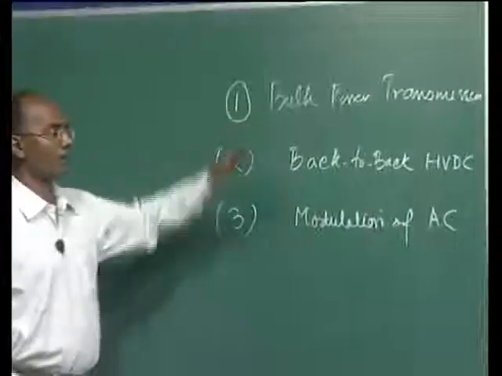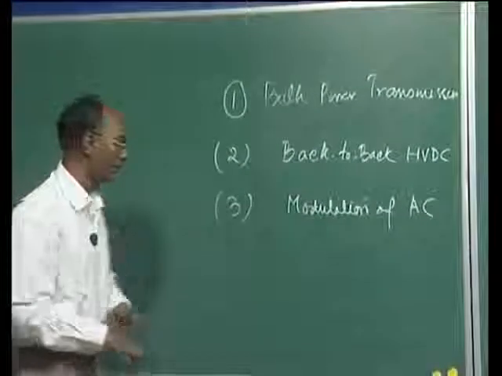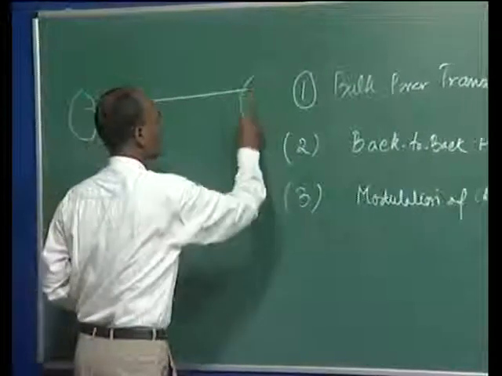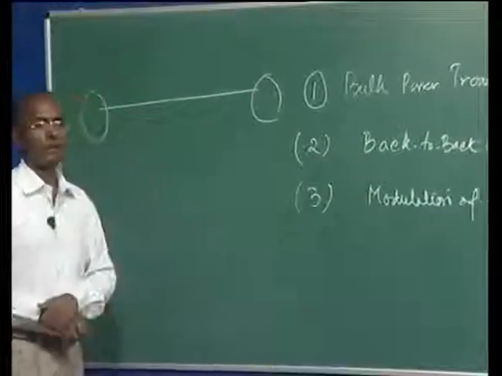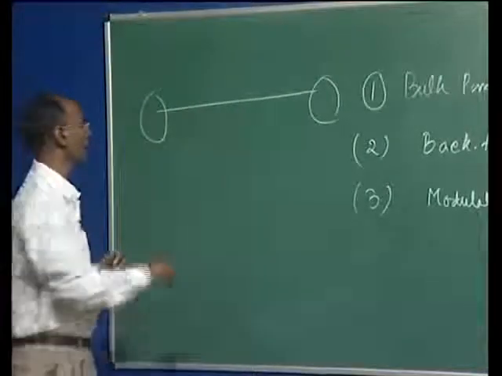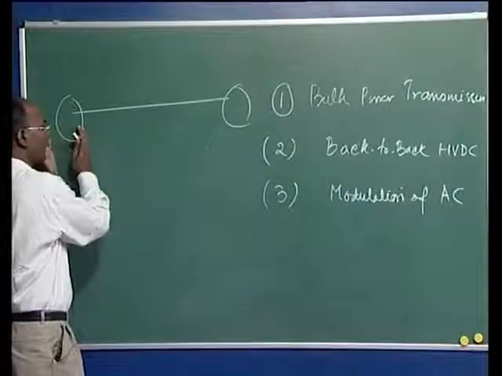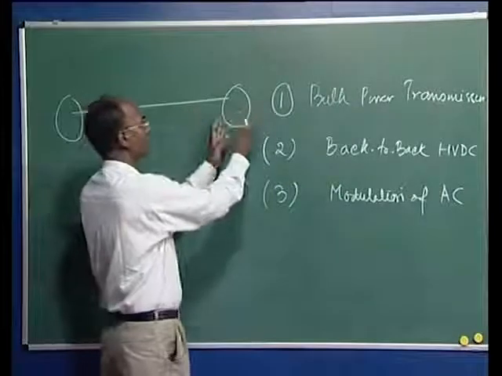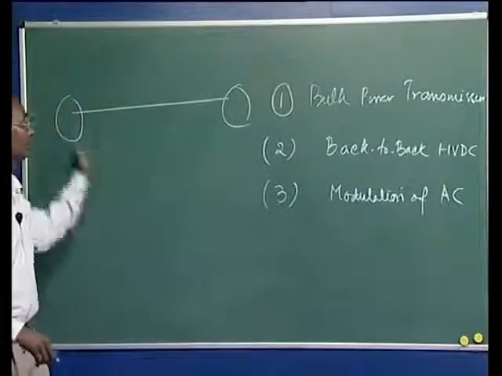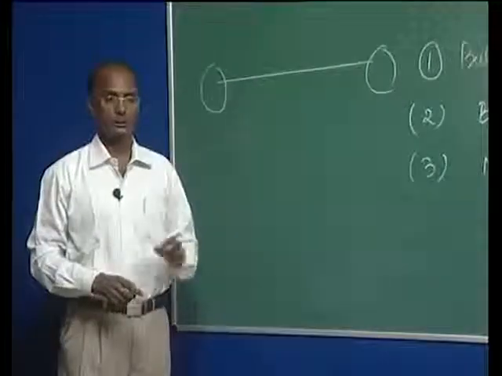In bulk power transmission, if you want to transmit power from one region over a long distance without tapping power in between, it is called bulk power transmission. If the generation in this area is very high and the load demand in that area is very high, we want to transmit power without tapping in between, DC is the best and the cheap option.